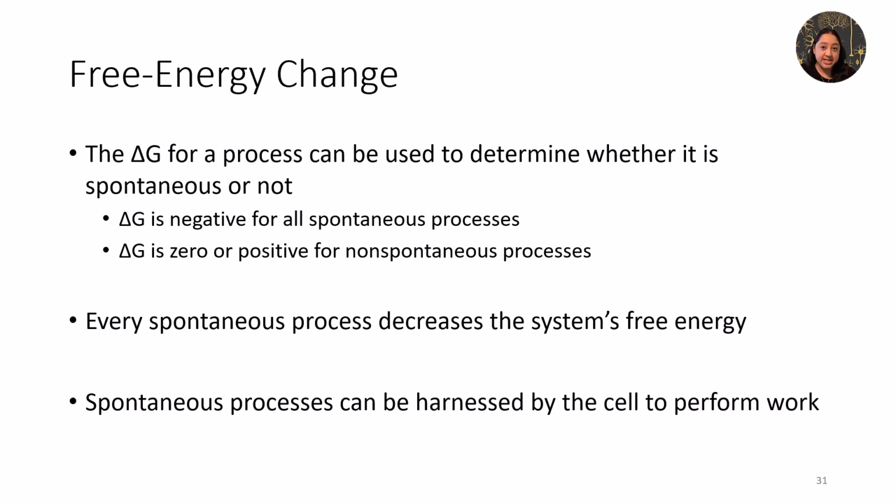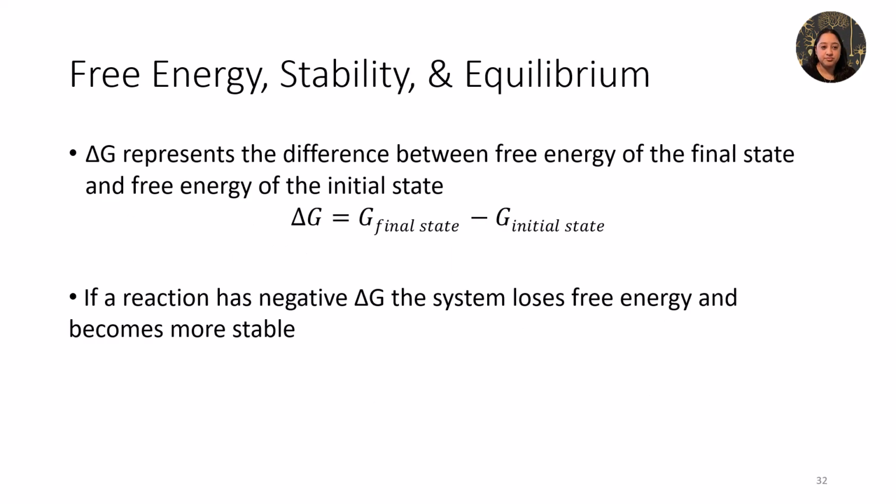So every spontaneous process decreases the system's free energy. And then spontaneous processes can be used and harnessed by the cell to end up performing work on other processes that are not spontaneous. So the change in free energy, or delta G, represents the difference between free energy of the final state and free energy of the initial state.